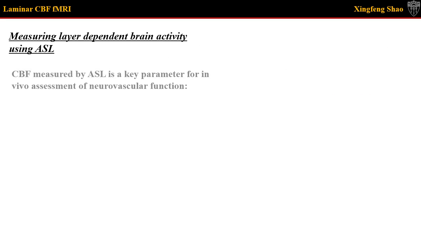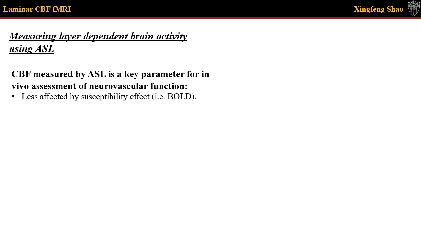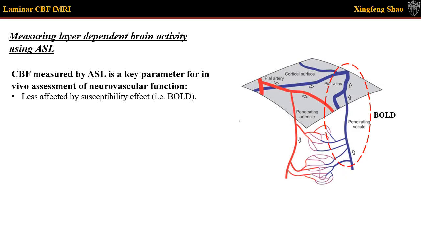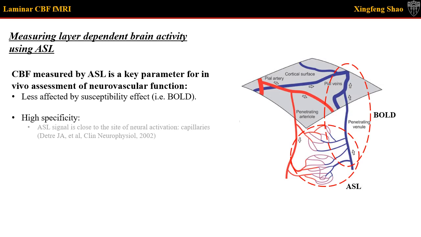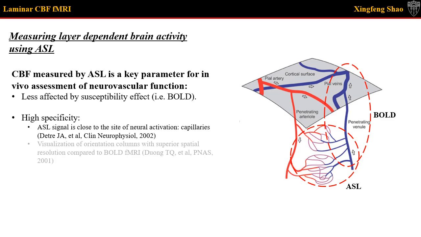Cerebral blood flow measured by arterial spin labeling is a key parameter for in vivo assessment of neurovascular function. The major reason is that the CBF measured by ASL is less affected by susceptibility effects, for example in BOLD. The BOLD signal is mainly driven by the veins, but ASL has higher specificity because it is closer to the site of neural activation in the capillaries.